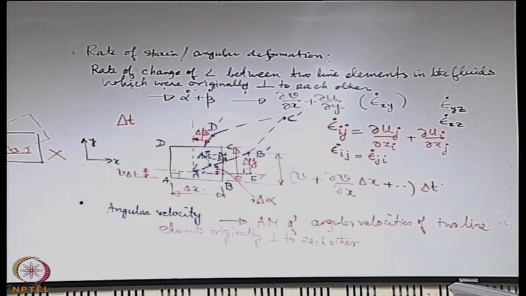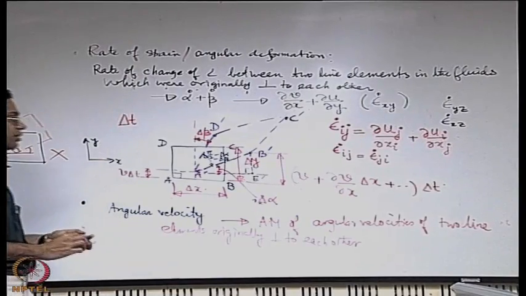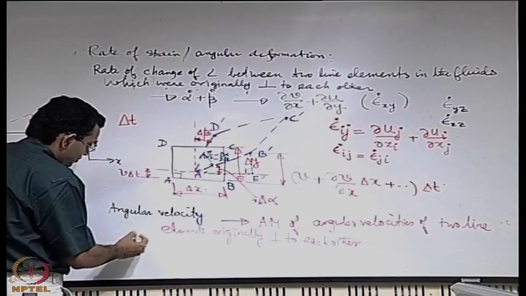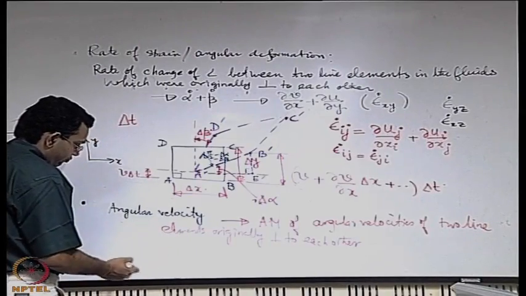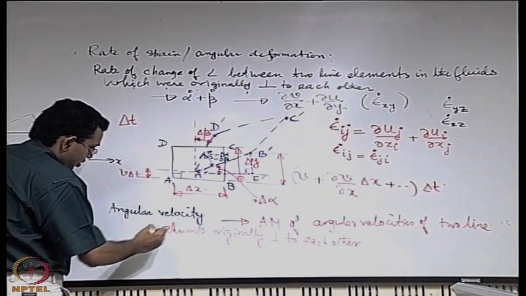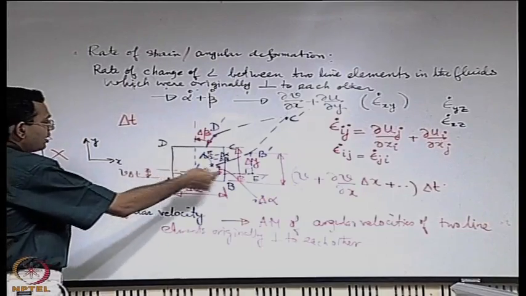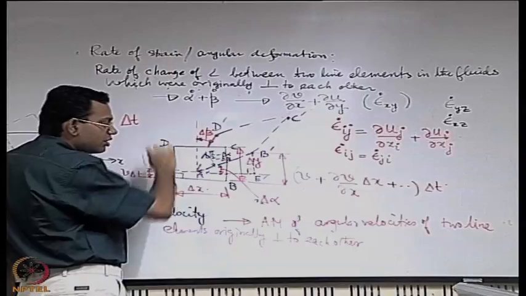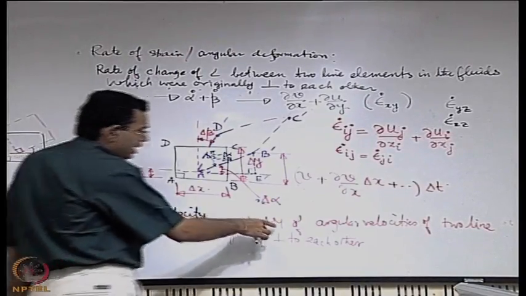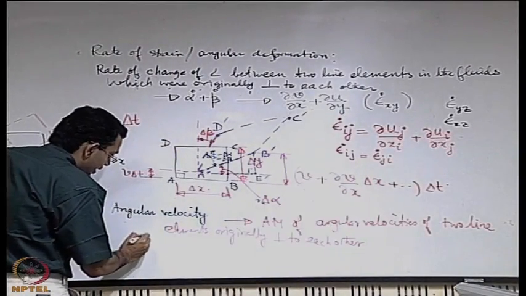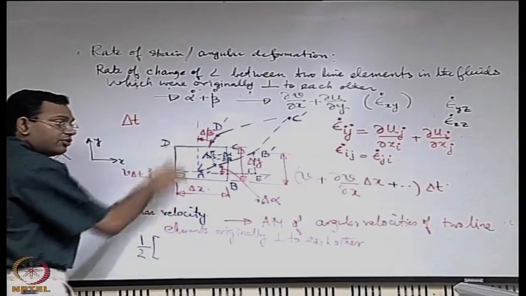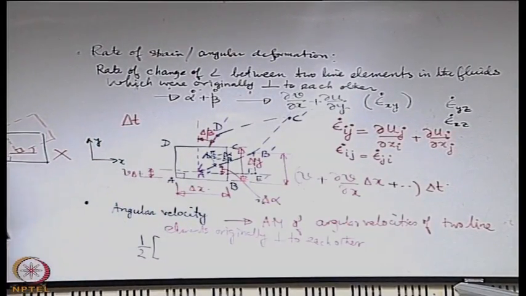Now the consequence is as follows. If you have a case where the fluid element has an angular deformation, so that it is not a rigid body rotation, the arithmetic mean of the angular velocities of the two line elements means half of the angular velocities of AB and AD, which were originally perpendicular to each other.